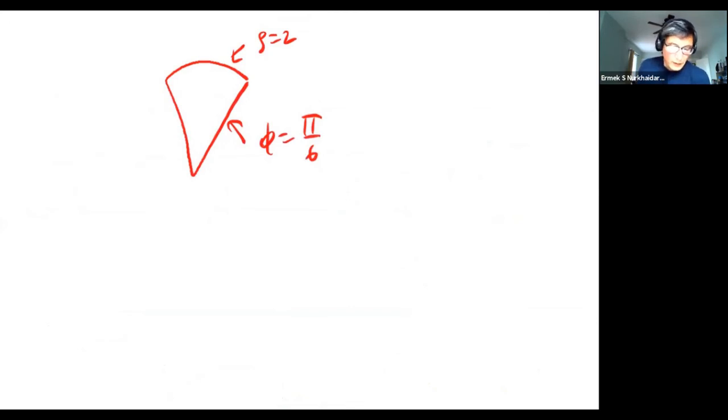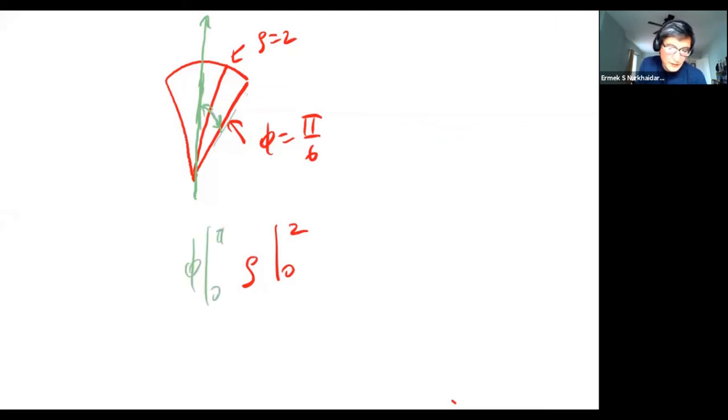So rho is changing from 0 till it reaches 2. Phi, we measure the angle from the z-axis, and it will be between 0 and at most pi over 6.